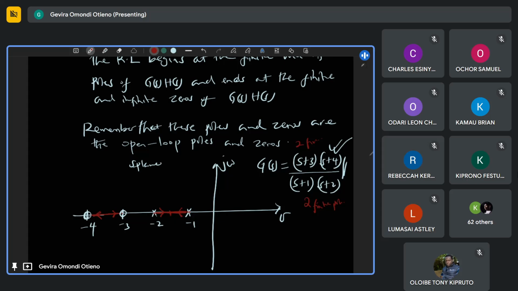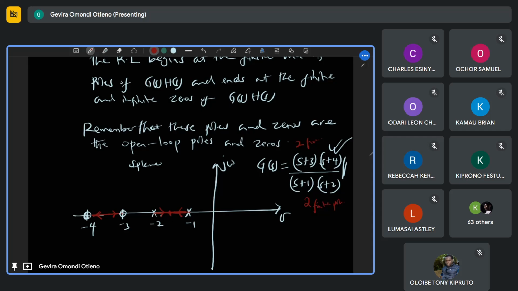But they'll meet somewhere in the middle and realize that because we are both poles, we cannot terminate at each other. We must look for zeros to terminate at. So it's sort of like there's a force coming from the left and a force coming from the right. They cannot stay on the real axis here because they are looking for a point to terminate, which must be a zero.